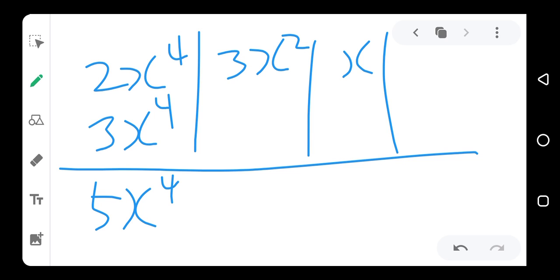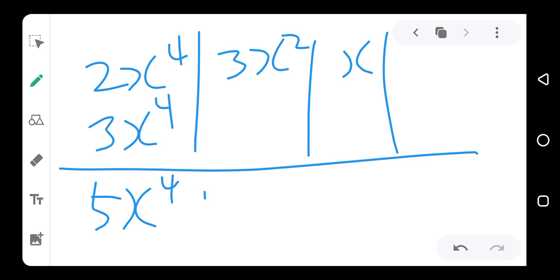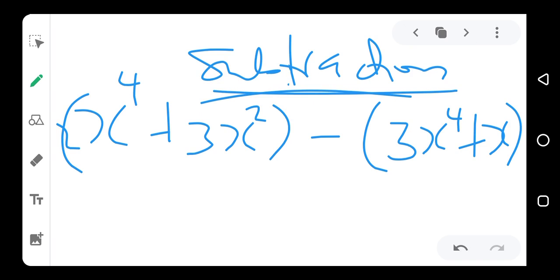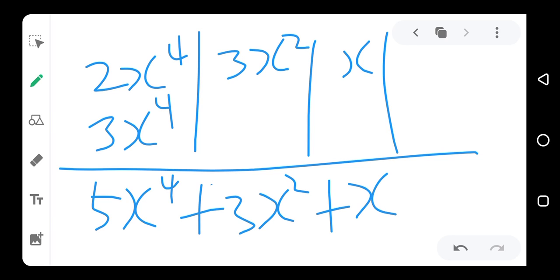We bring this down, so this becomes this plus 3x raised to power 2 plus x. So this is the answer.